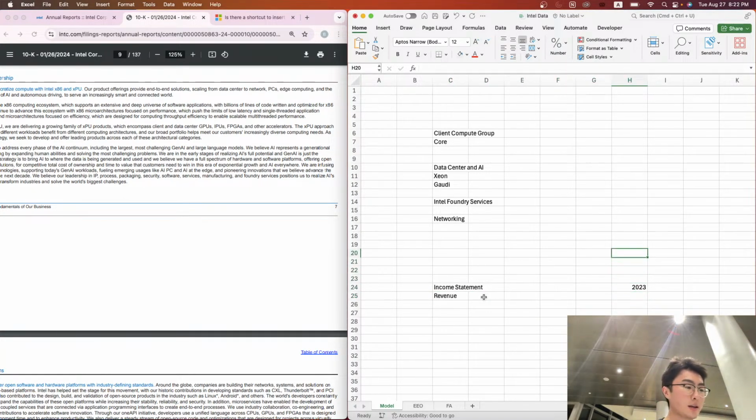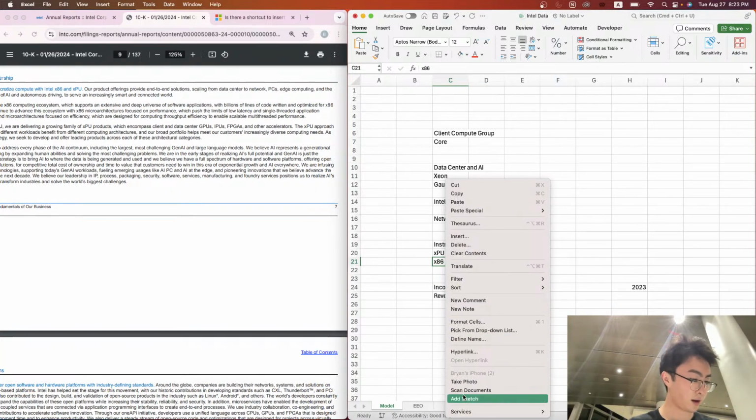But okay, Intel does have, let's call it, instruction set architecture. So XPU and then x86.